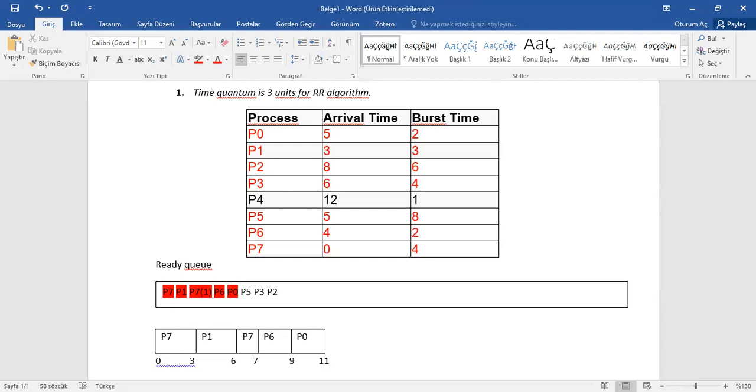Still, we have one process that hasn't come yet. Then process 5.